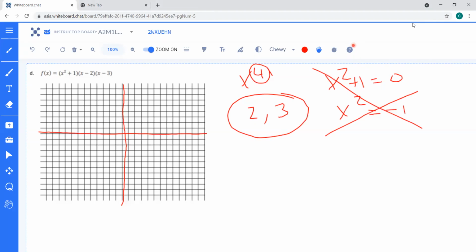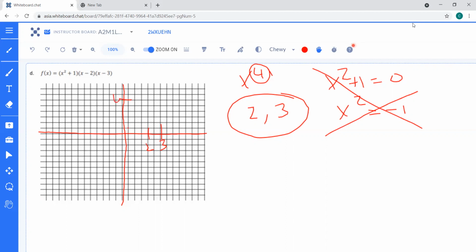So if this is 2, this is 3, and I plug in 0 for all this, that's going to give me my y-intercept, which would be 6, I guess. 1, 2, 3, 4, 5, 6.